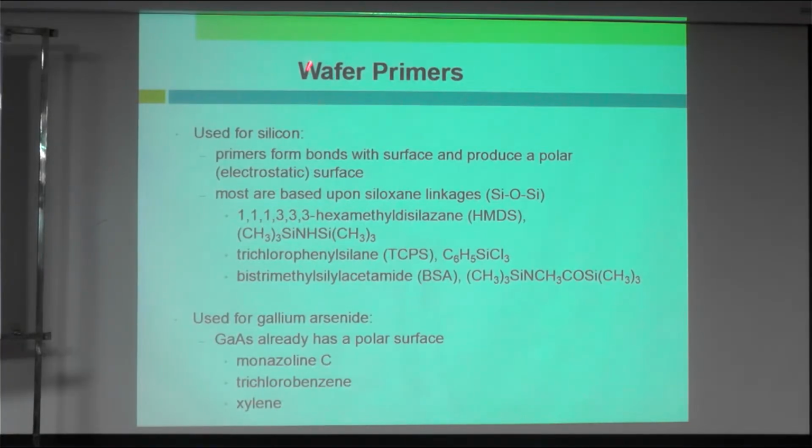And for silicon, primers form bonds with the surface and produce a polar or electrostatic surface. So you want the surface to be polarized, and most are based upon siloxane linkages, which is SiO and Si. So with this, you have a few chemicals, then the silicon is ready.